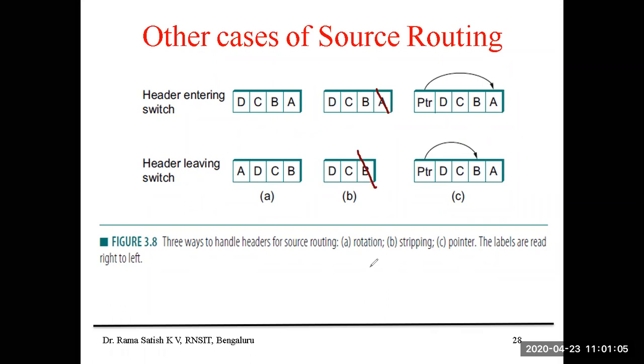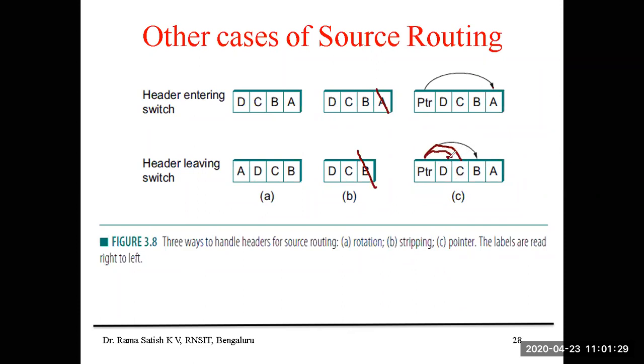The third approach of source routing is called the pointer approach. In the pointer approach, what happens? A pointer will be used. If it is moving towards the first switching station, it will point like this. For the subsequent one, it will be pointed. For the next one, the pointer will be pointing to the previous one.